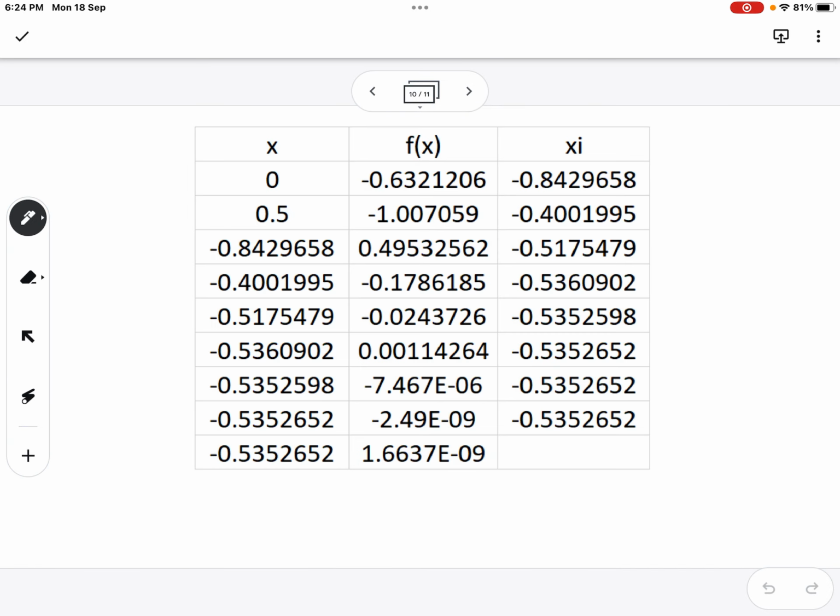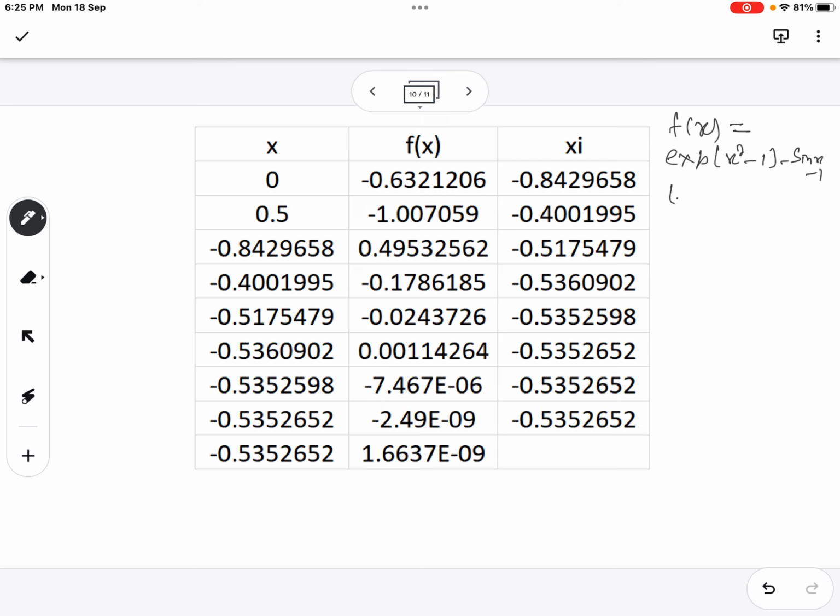So to operate this method, let us choose f equal to exponential x square minus 1 minus sin x minus 1.